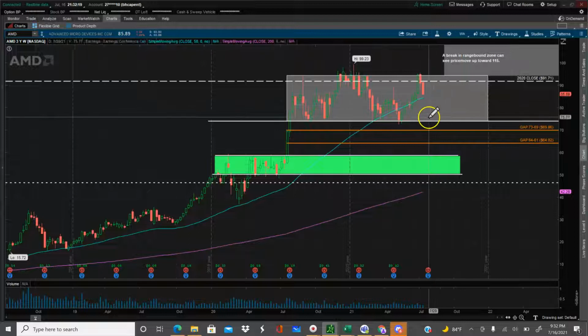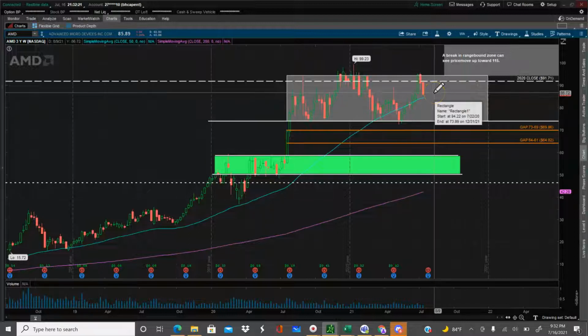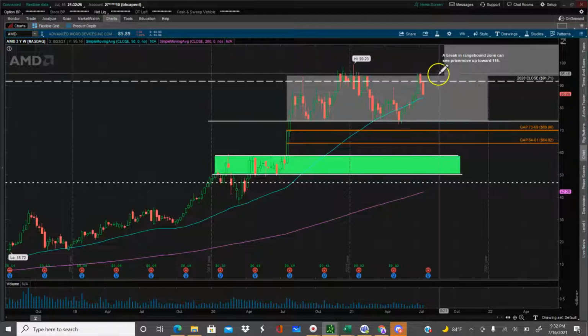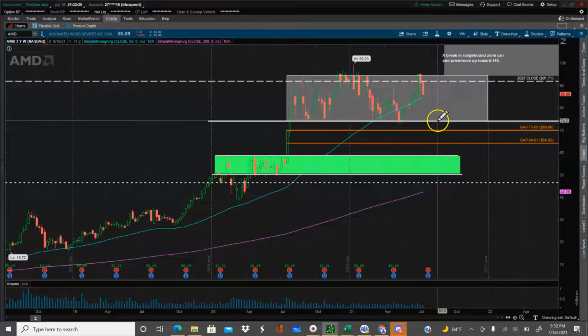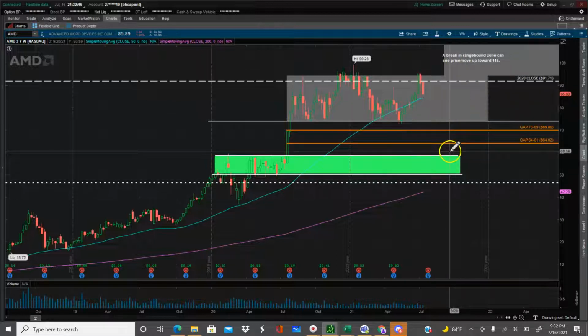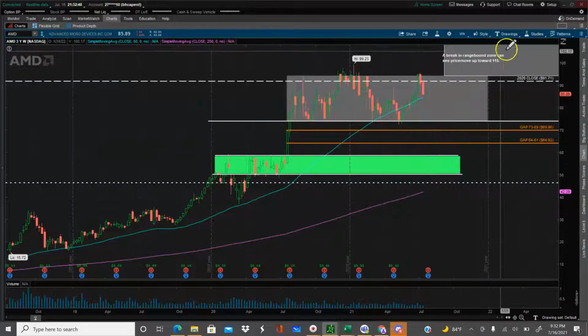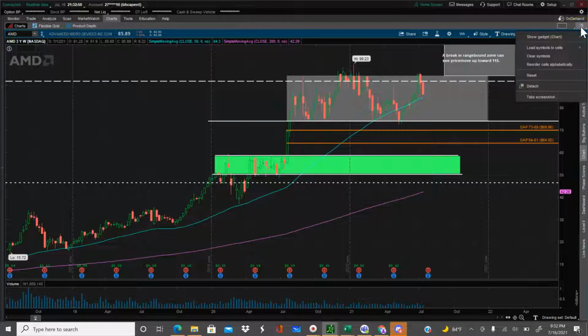So you're looking for one of three things: continued consolidation, a breakout of that range bound price action, so you want to see price get above 94 and hold above 94, or a breakdown of this 74, 73 area, and you want to see it hold. That's pretty much it when it comes to the weekly chart.